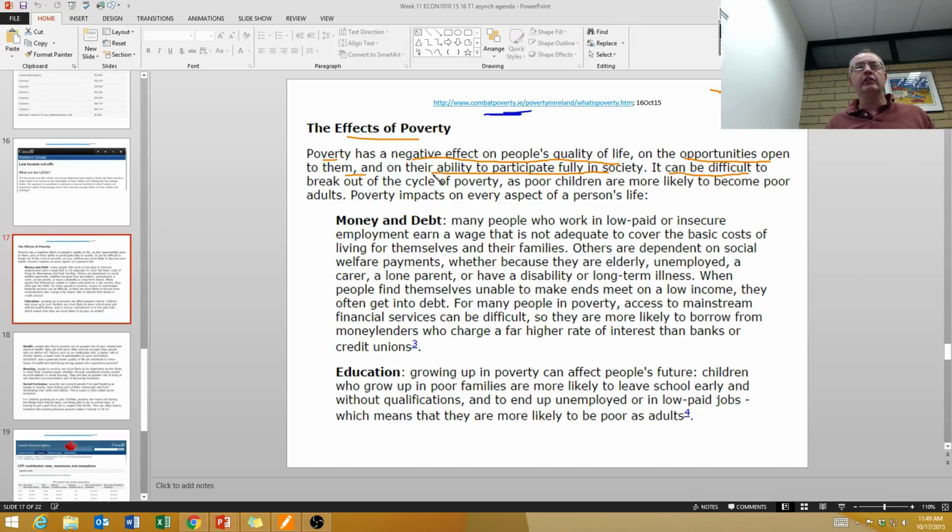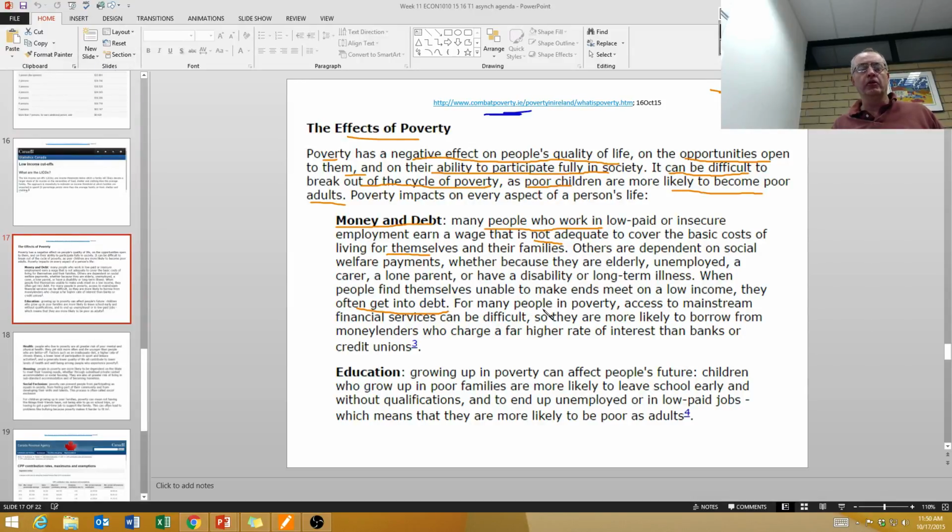And it can be difficult to break out of the cycle of poverty, so poor children are more likely to become poor adults. So the first major negative consequence of poverty is if you're not earning enough money to cover the necessities of life, you're probably going to have to go out and borrow money, go into debt.